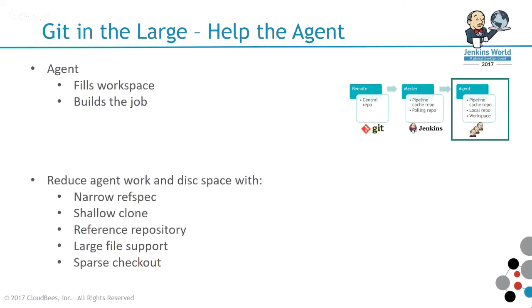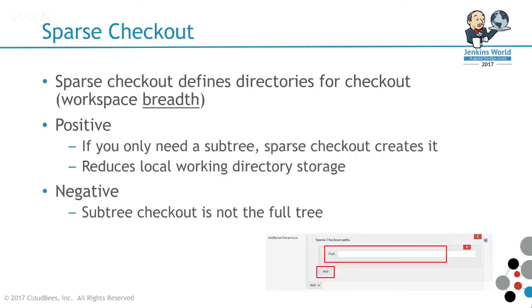There's one additional option that is agent specific, and that's Sparse Checkout. What Sparse Checkout provides you is a way to say which exact directories of this Git repository should I check out. Let's say that you've got a large tree of files in a single Git repository, and you want to limit that you're only working on a small subset of them under a subtree.